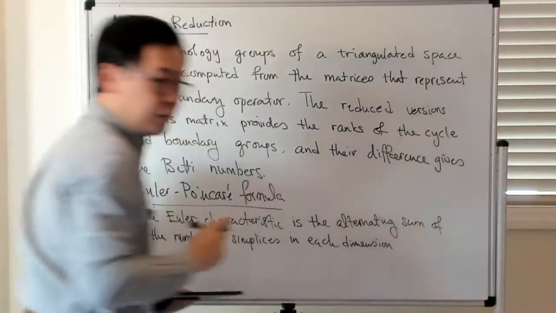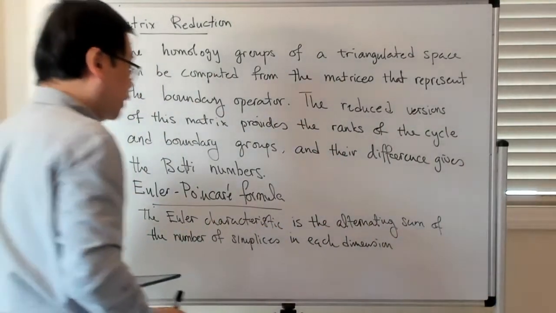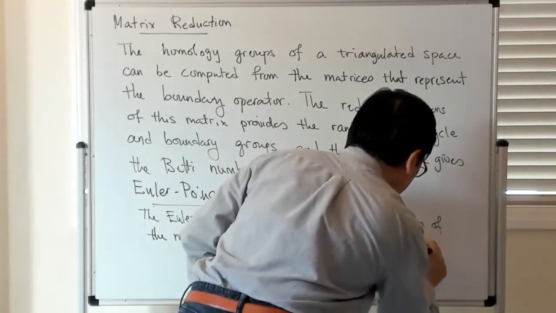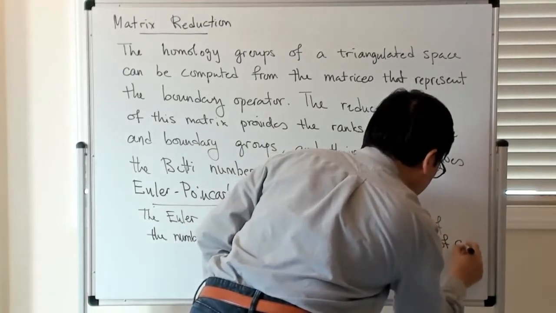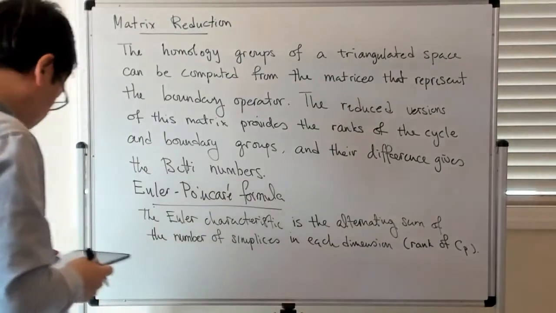And of course, this is nothing more than the rank of the relevant chain group, right? So the rank of C_p, if you will.